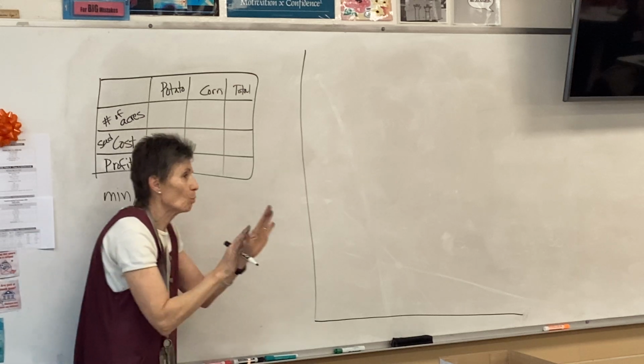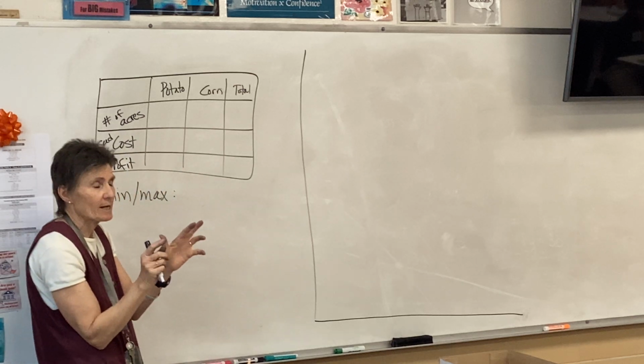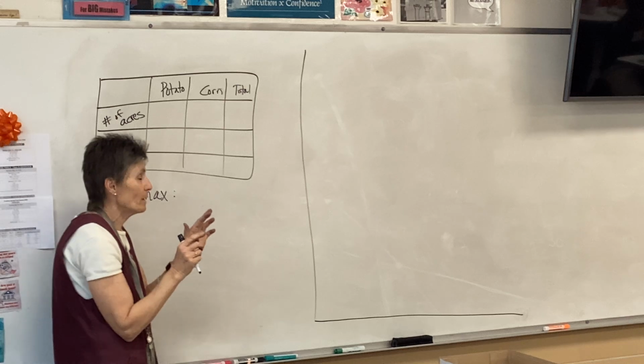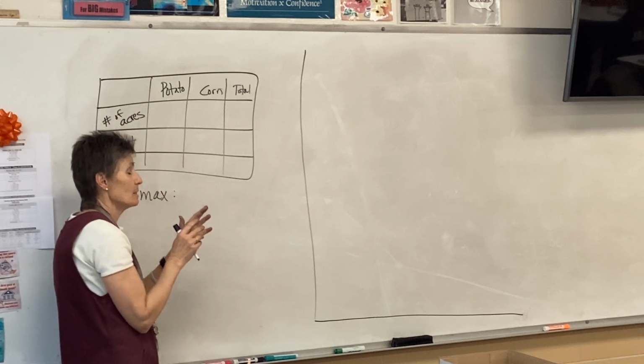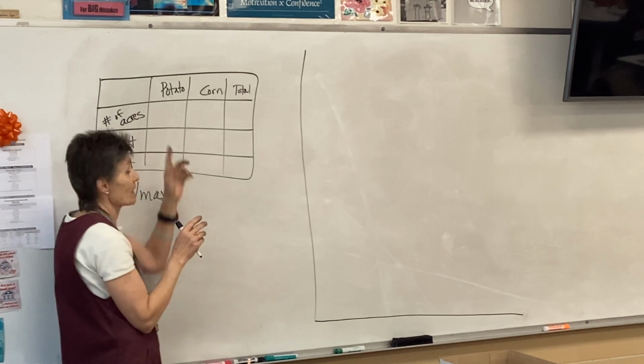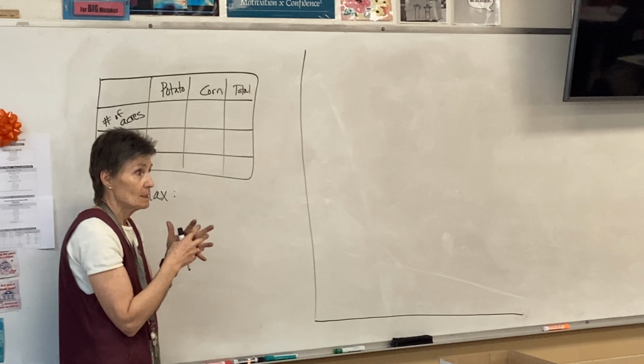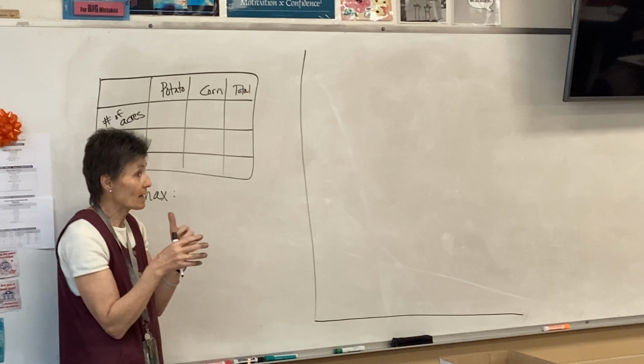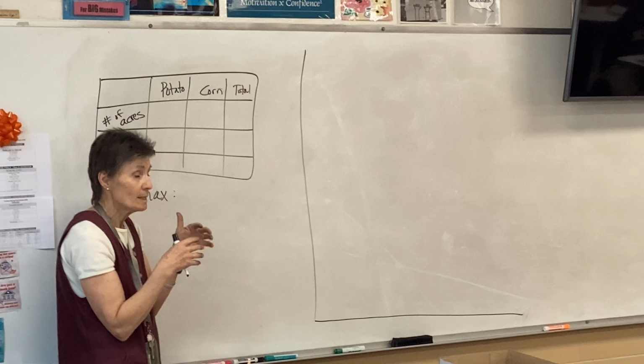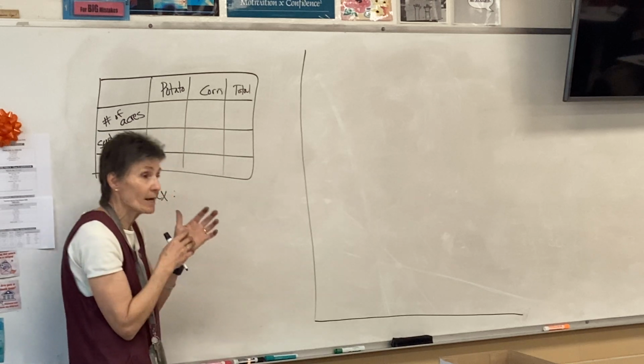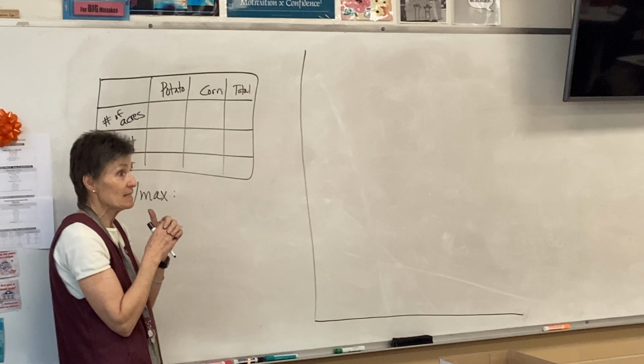All right, so let's see if this works. We might need to do some adjusting. But I am going to let X be the number of acres I plant in potatoes, and Y be the number of acres I plant in corn. And I know that altogether I only have 70 acres.